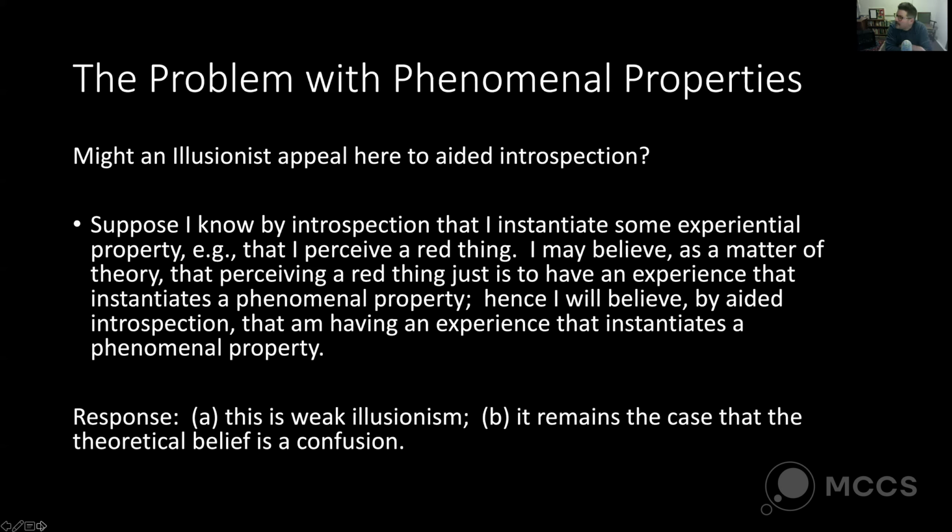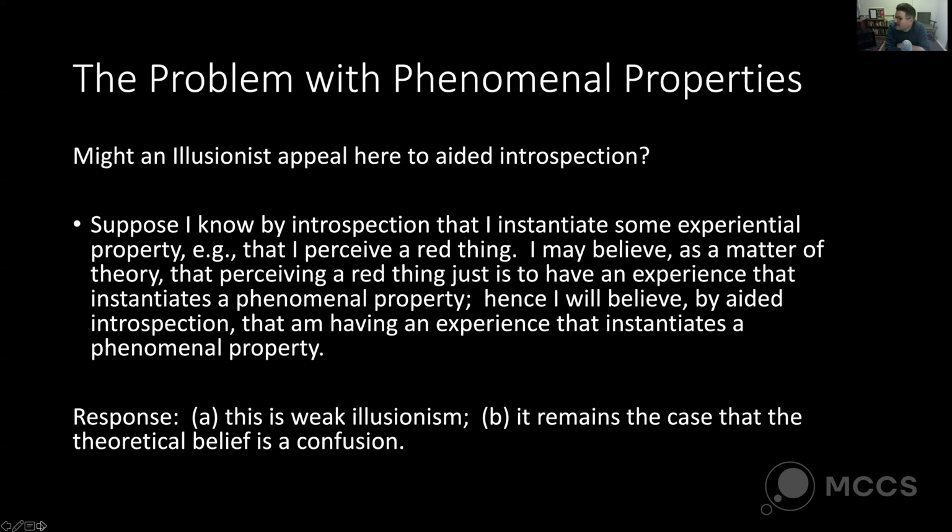So you know by introspection that you perceive a red thing, let's say. Well, then you might believe, as a matter of theory, that perceiving a red thing just is to have an experience that instantiates a phenomenal property. And hence you might believe, by aided introspection, that you are having an experience that instantiates that phenomenal property.